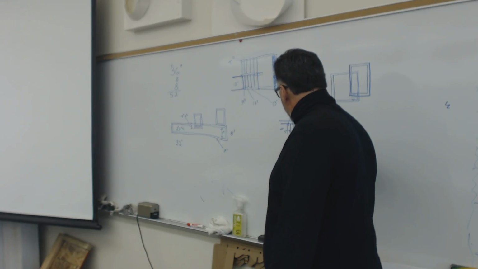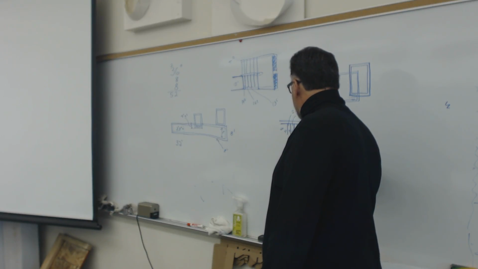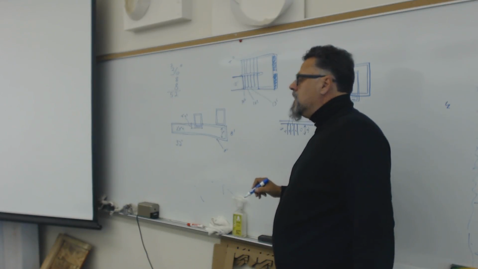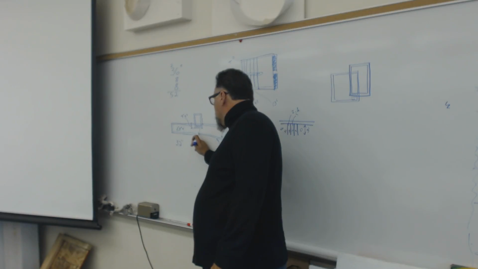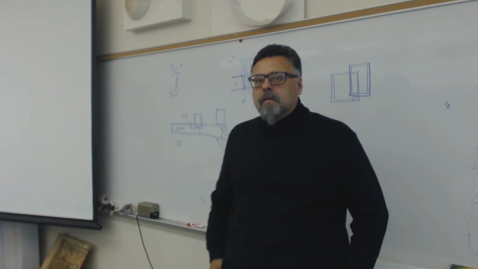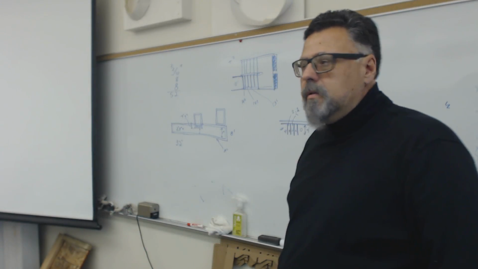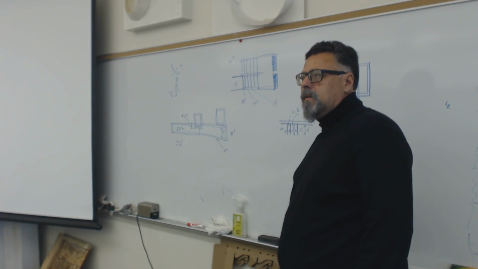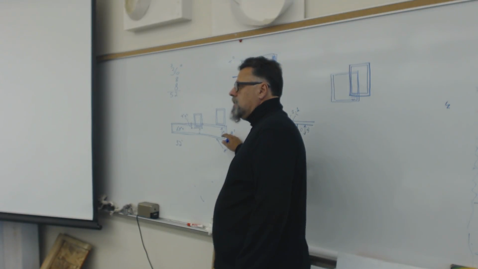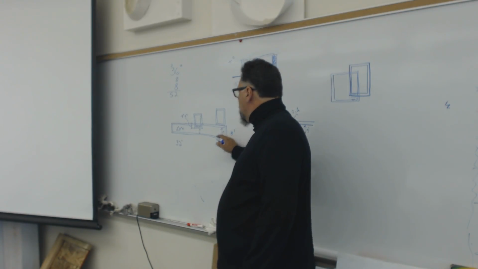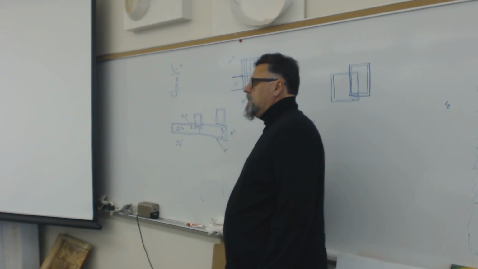Now, how wide is a minimum stair? 3 feet, so that's 36 inches, right? So what's left after we do that? What's left inside of here? Just do a diagram, do the math. 6 foot 8, right? Minus 3 minus 8.